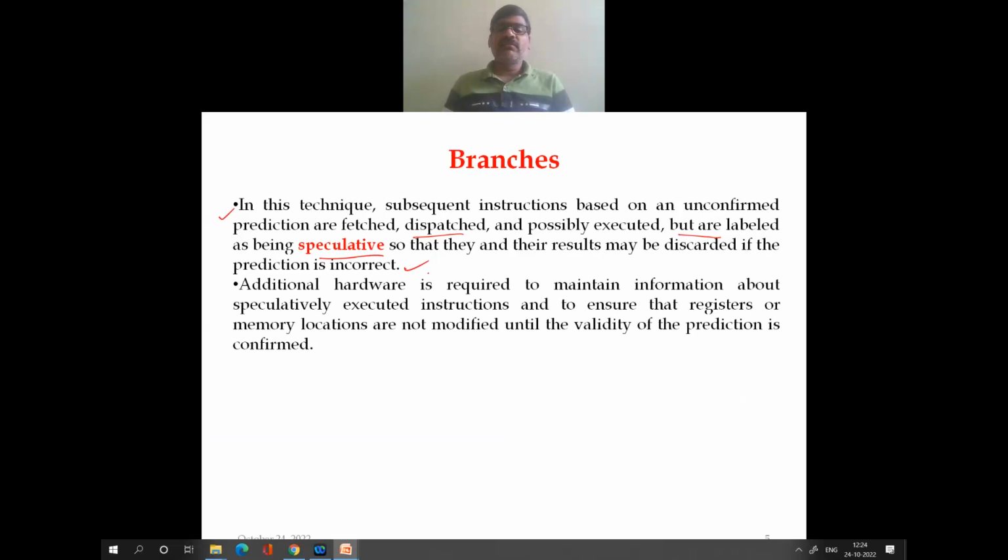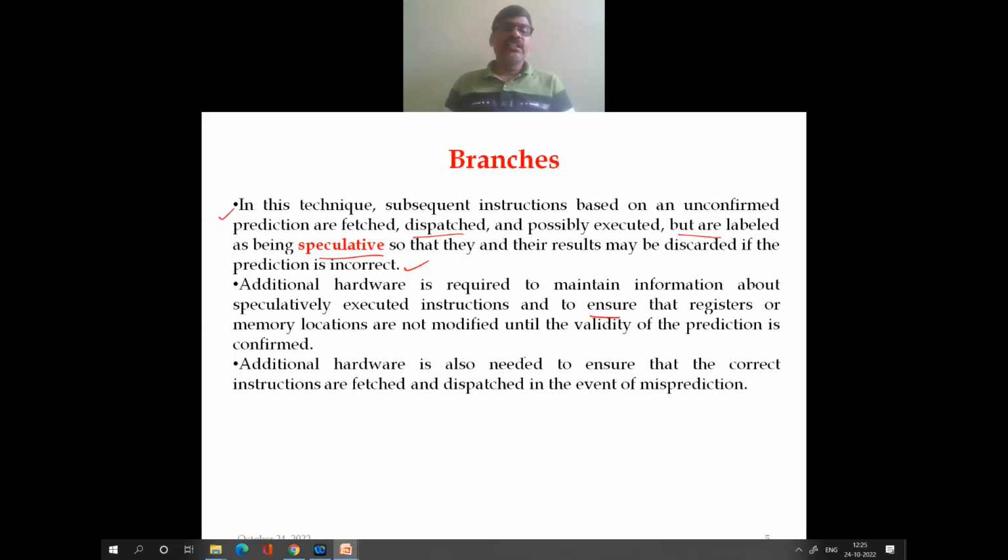Additional hardware is required for this task: to maintain information about speculatively executed instructions and to ensure that the registers or memory locations are not modified until the validity of the prediction is confirmed. Additional hardware is also needed to ensure that the correct instructions are fetched and dispatched in the event of misprediction.